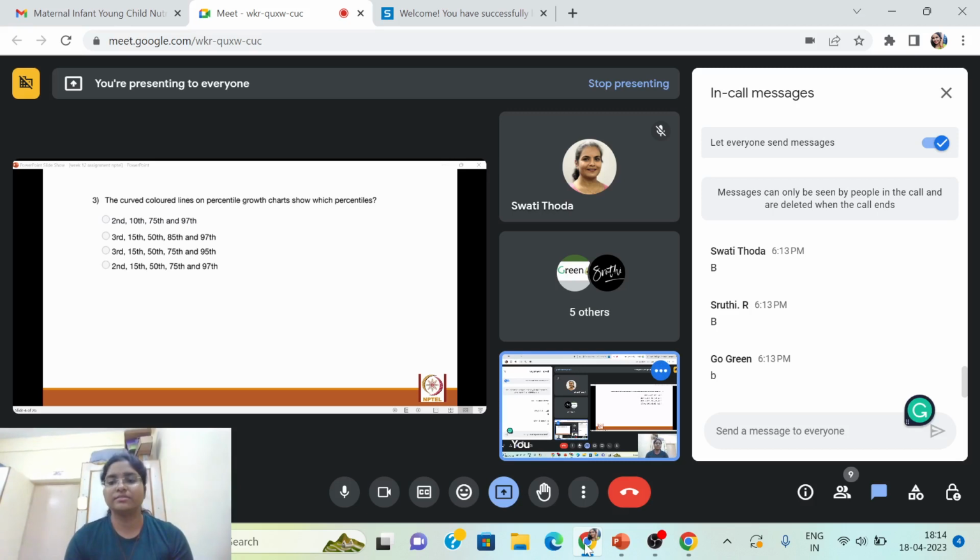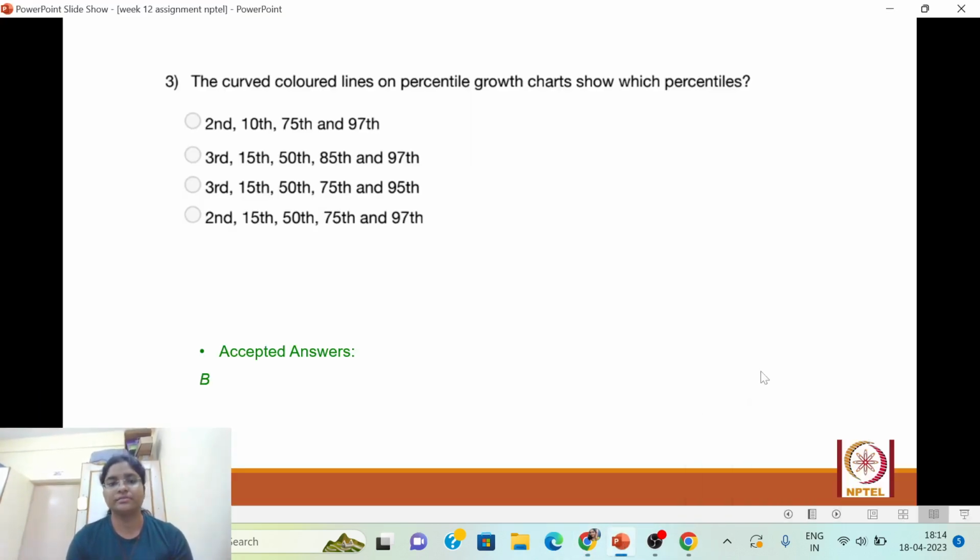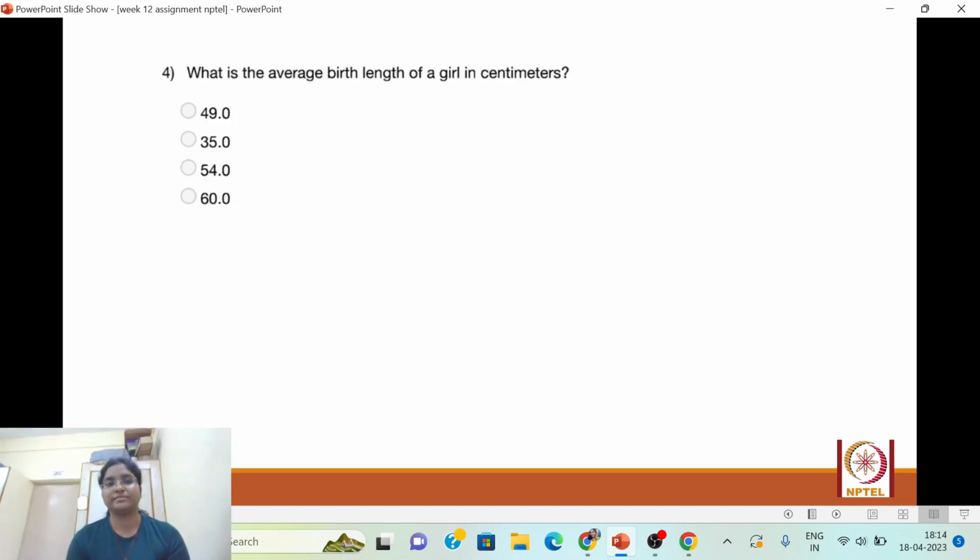B, is it? Let's see if B is the correct answer. Yes, B is the correct answer. The colored lines on the percentile growth charts show the third, fifth, 50th, 85th, and 97th percentiles.